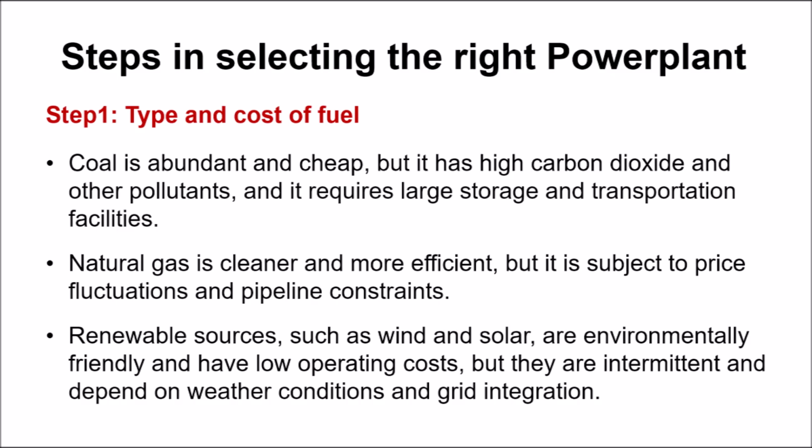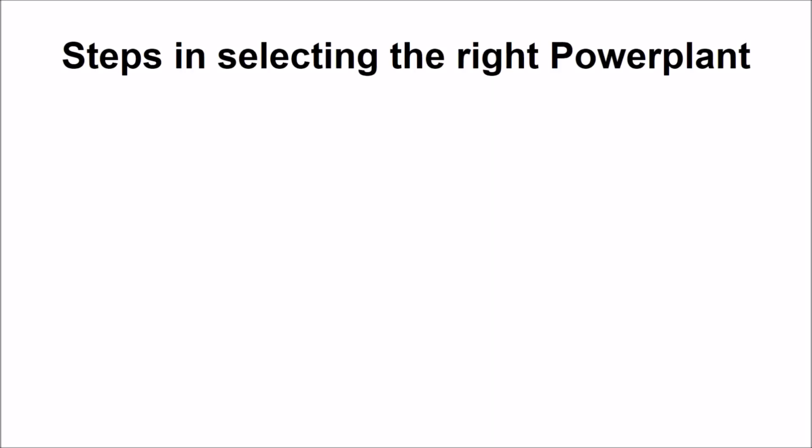Renewable resources such as wind and solar are environmentally friendly and have low operation costs, but they are intermittent and depend on weather conditions and grid integration. Therefore, you need to evaluate the fuel options based on your project's specific needs and constraints.